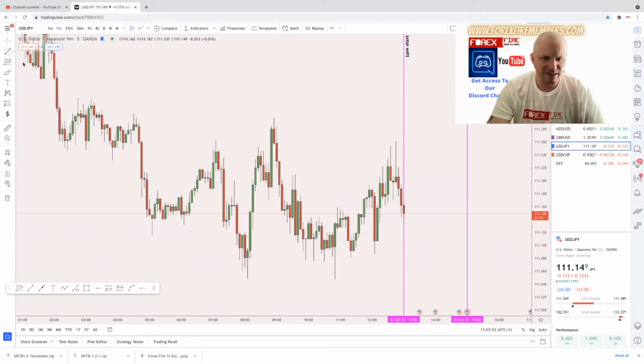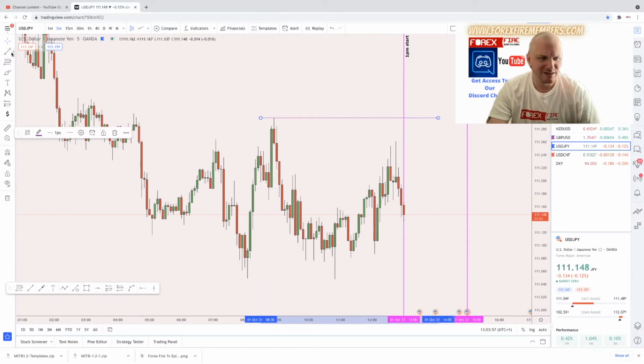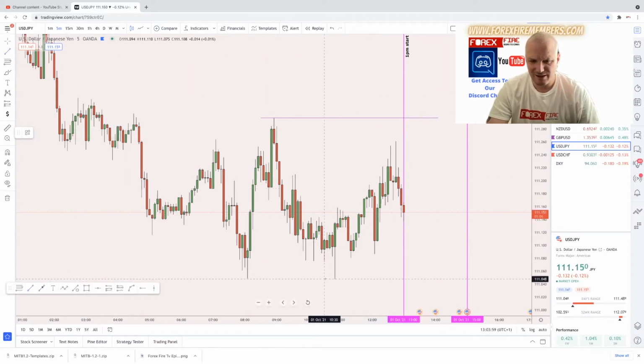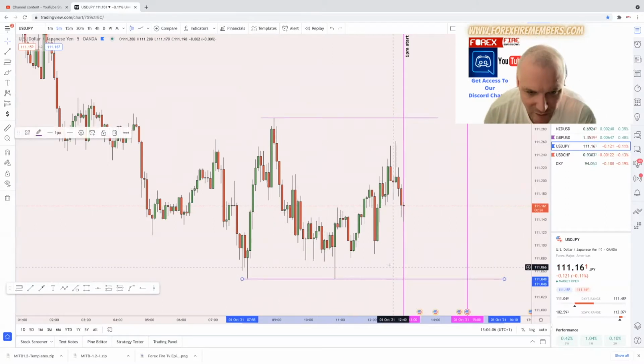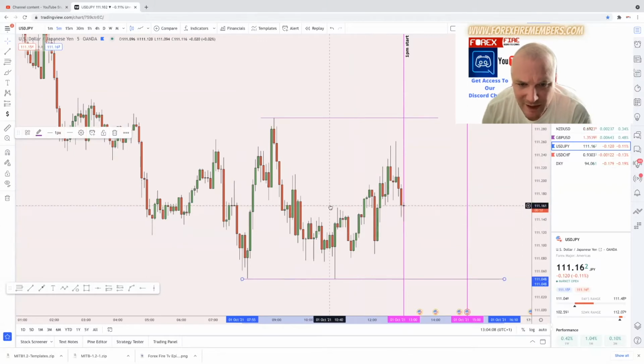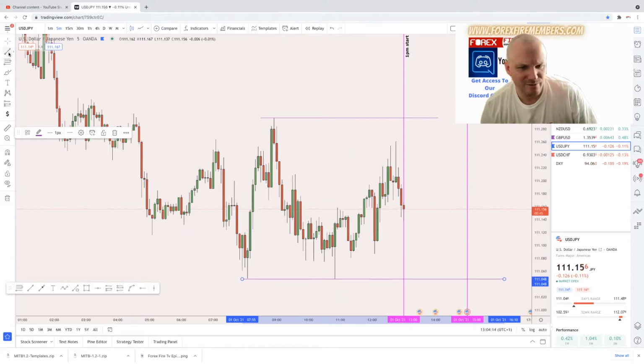So at the minute, got a high here, a swing point there. Didn't quite break down from there. However, we're starting to come up and we're breaking structures into these areas.